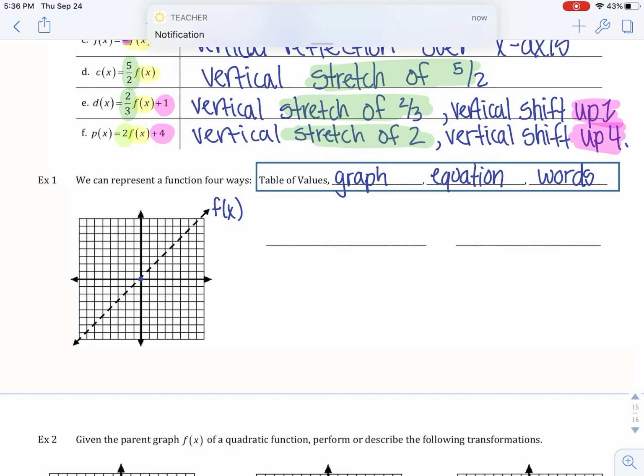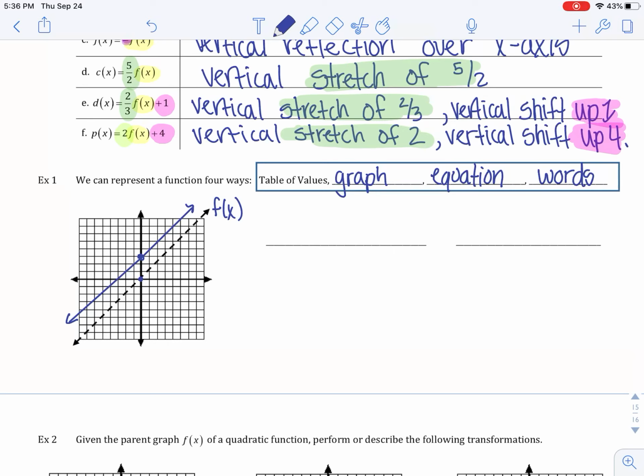Now let's make it 3 so it's more noticeable. 1, 2, 3. So it jumped up, and now I'm going to draw a straight line all the way off my graph, arrows at the end, and now I'm showing that I shifted it up 3.